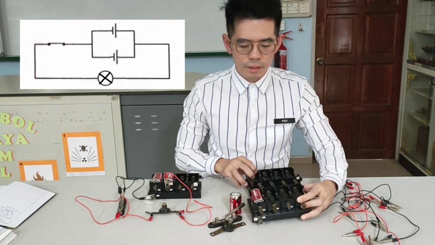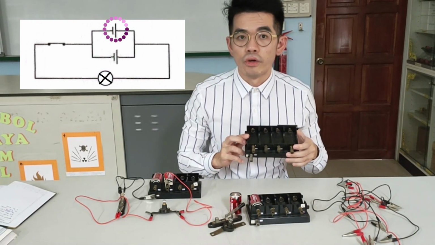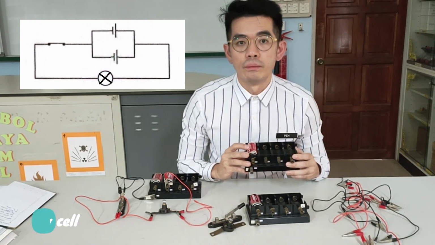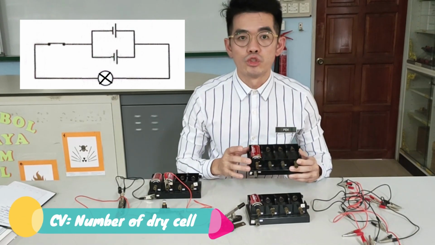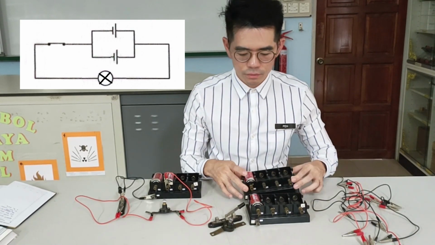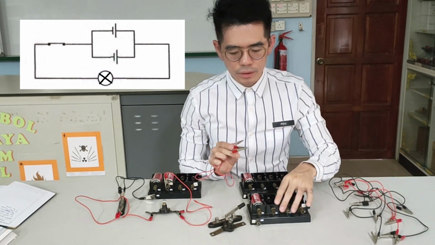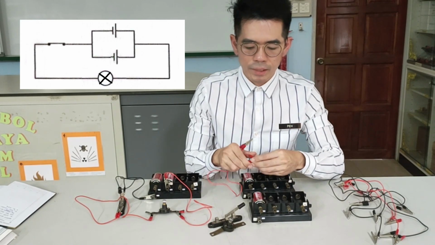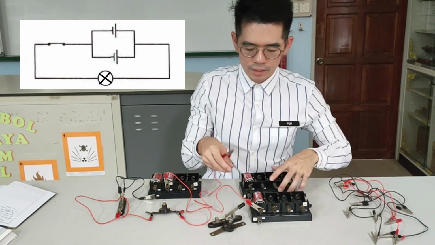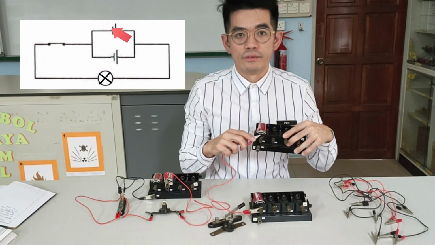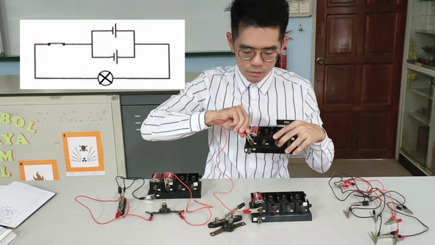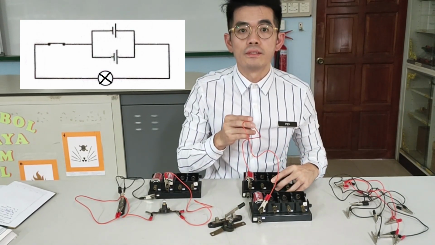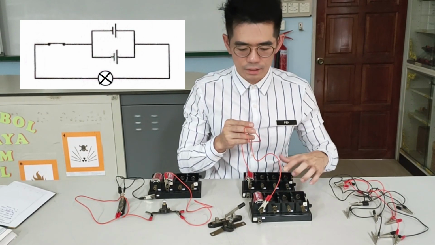The second battery will be in another dry cell holder, also at the first space. So you can see the constant variable for this experiment will be the same number of dry cells. Connect the positive terminal at the top side of the first dry cell holder to the top and right side of the other dry cell holder. This will be connecting your dry cells in a parallel circuit.